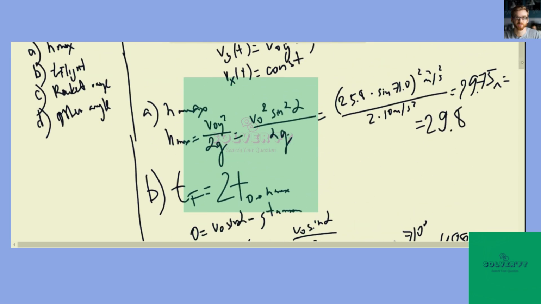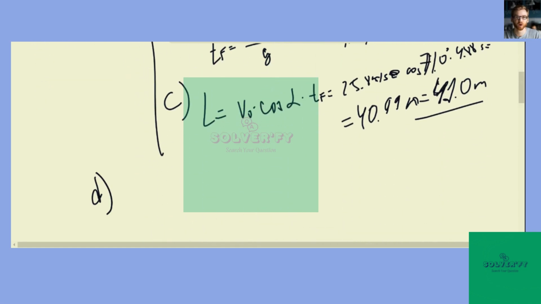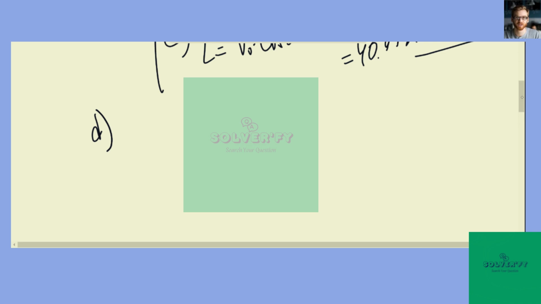Okay, now we've solved questions A, B, and C, and we have to solve question D, which is asking what other angle could the rocket have been fired at, which would have resulted in the same range. So let's do this. To solve this problem, we have to show the equation for the range in the generic case.